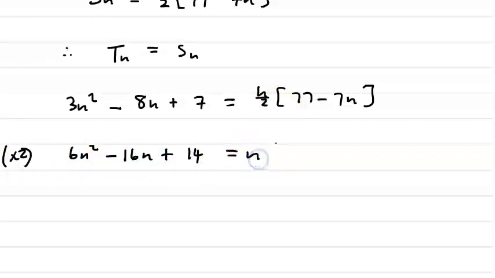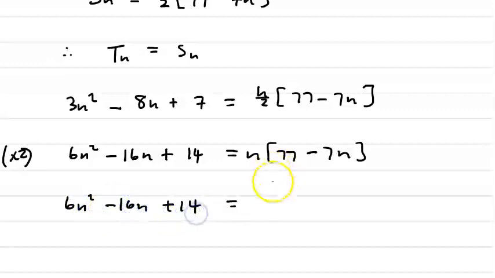And I'll be left with n times 77 minus 7n. Let's take n into the brackets. So we'll be left with 6n squared minus 16n plus 14, and I'll be left with 77n, taking that into the brackets there, and minus 7n squared.